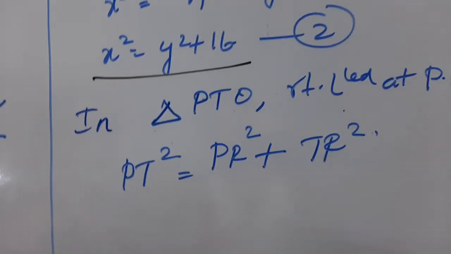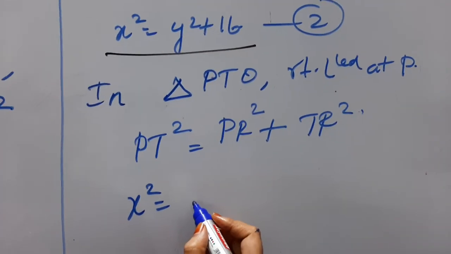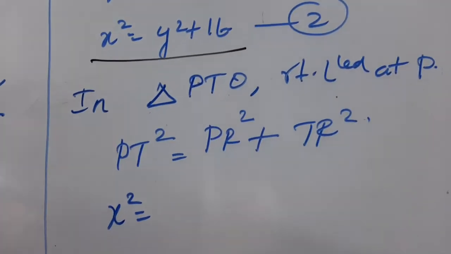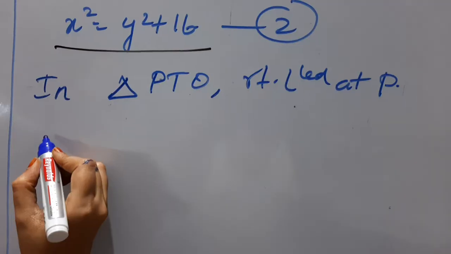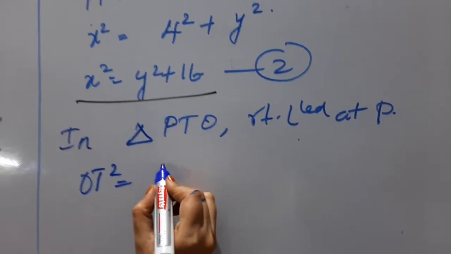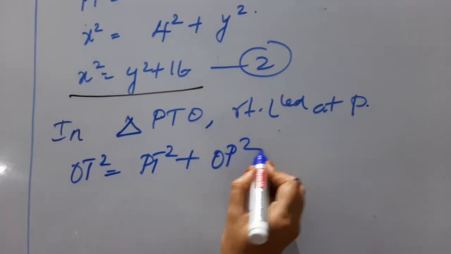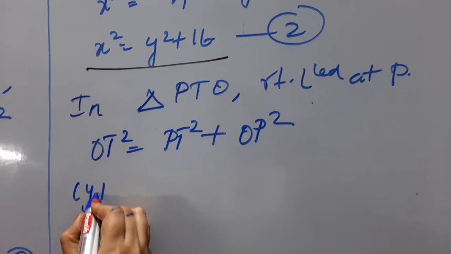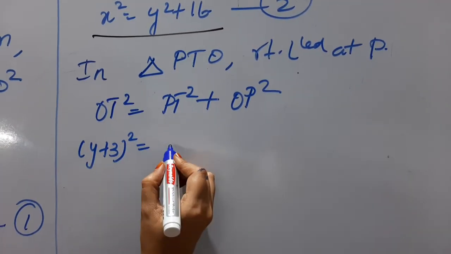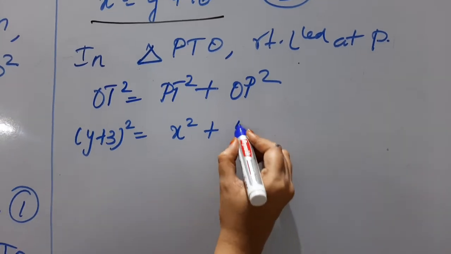So the hypotenuse OT square is equal to the height PT square plus the base OP square. OT is what? y plus 3 the whole square. PT is what? x square.